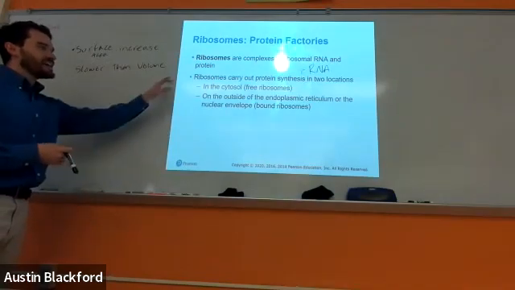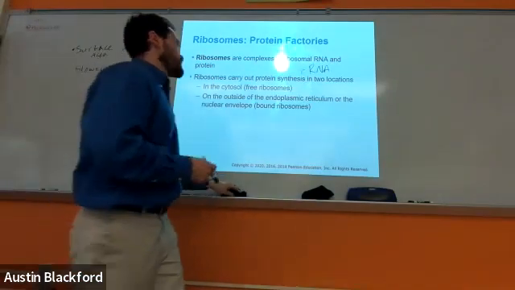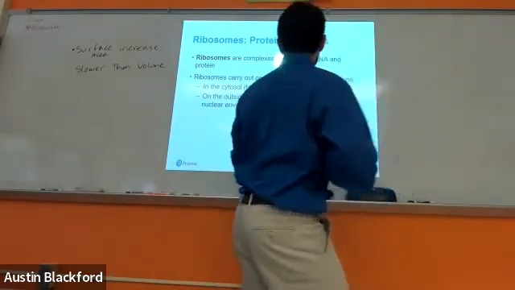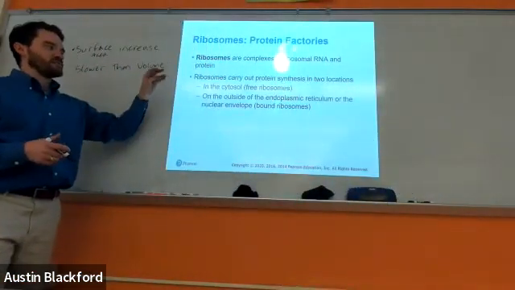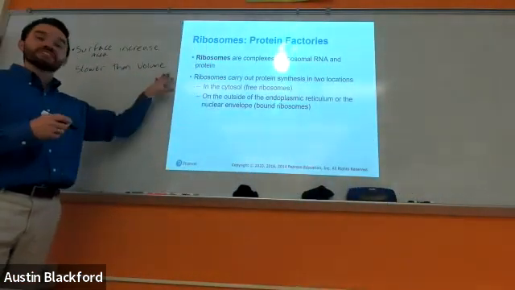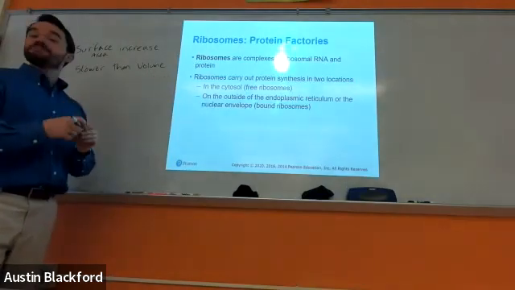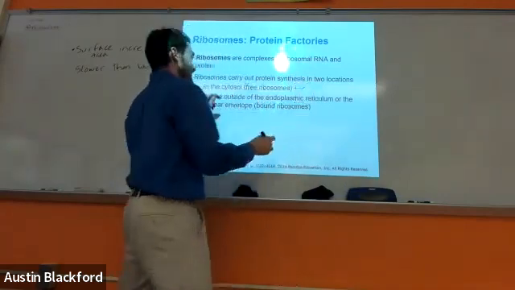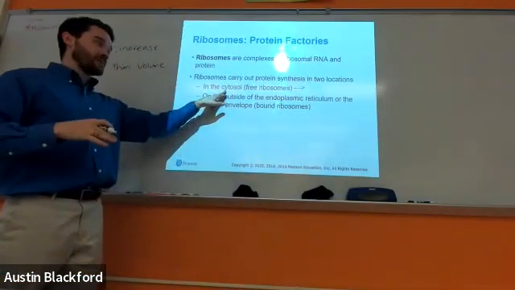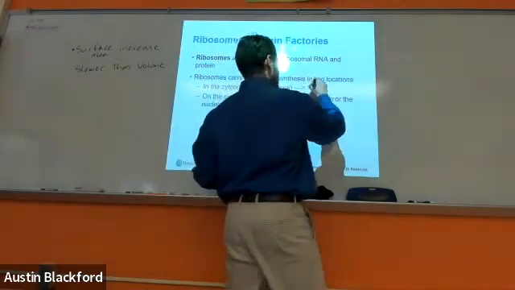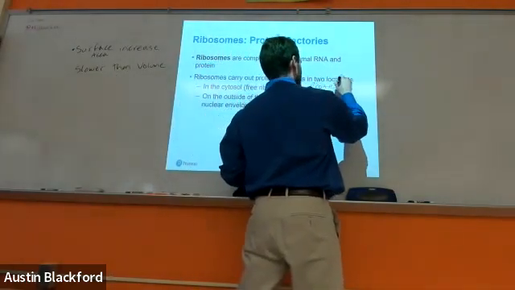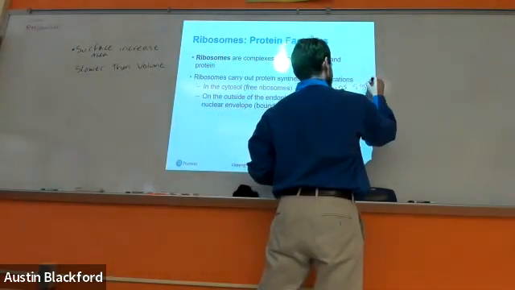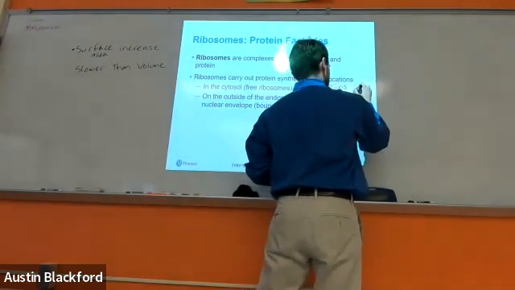But anyways, ribosomes can be in two different locations, and you need to understand why. If you're a ribosome free in the cytosol, free in the cytoplasm, you make proteins that stay in the cytoplasm. Because of efficiency, right?